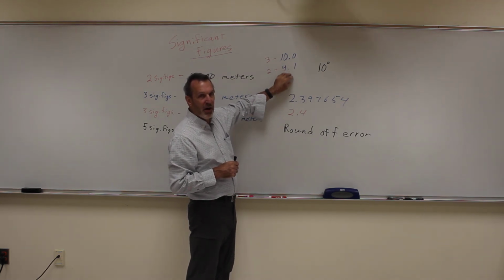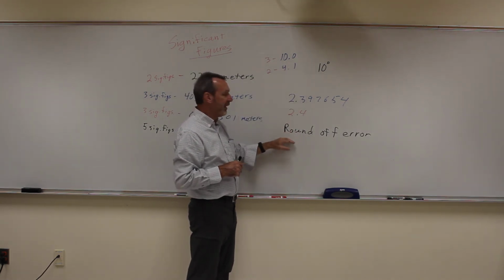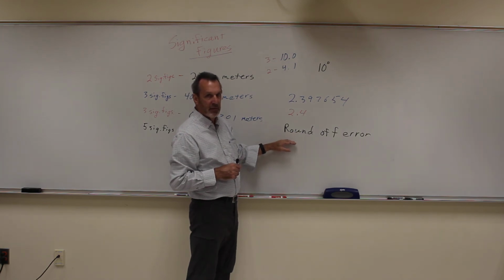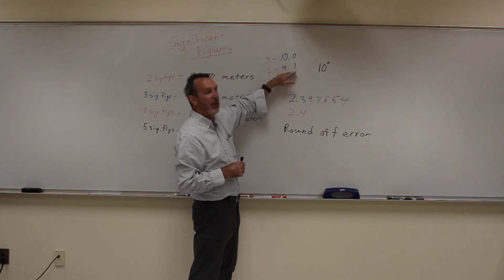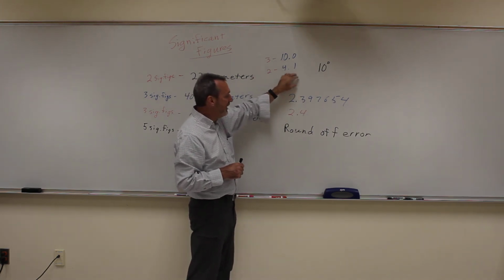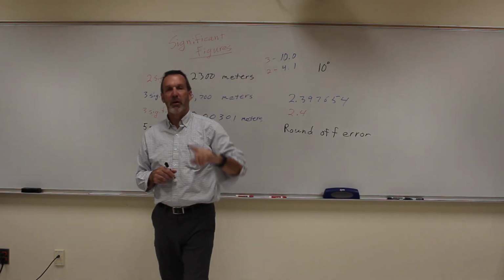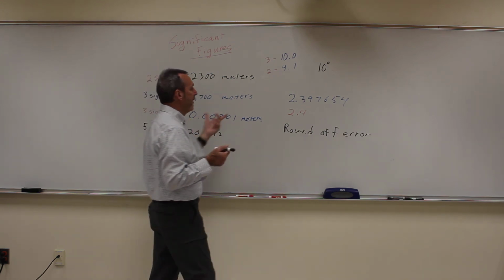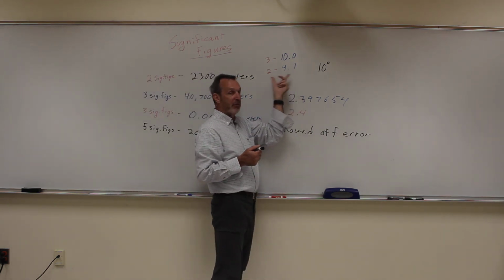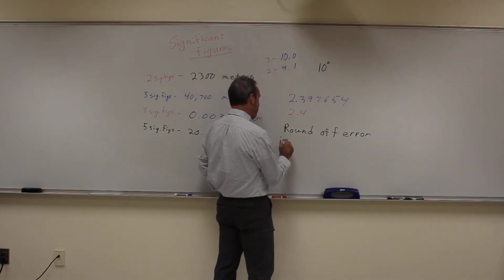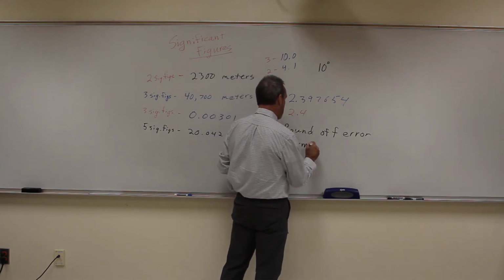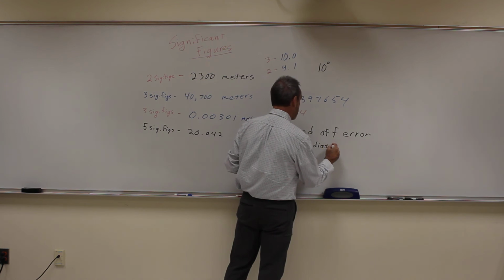Because if you round them off, then when you get your final, it's not going to be right. You have to only round off at the end. I wait till I get the final answer, then I round it off. But the intermediate steps, don't round it off. Keep at least 2 more digits than your significant figure. So if I have 2 significant figures, my intermediate steps, I keep at least 4 sig figs.